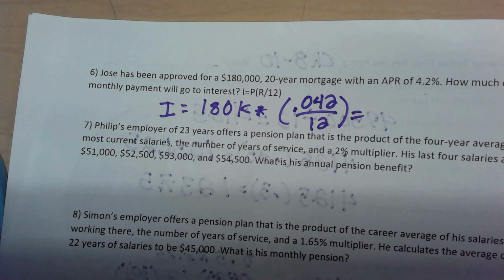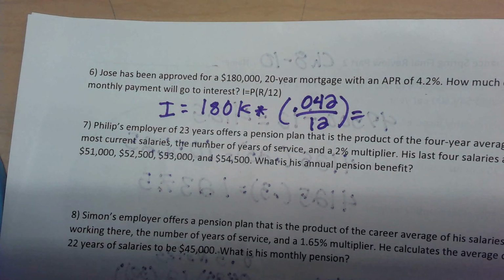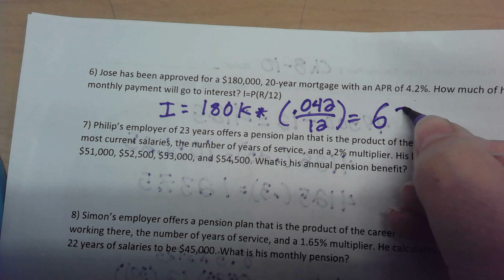And that's how much is going towards interest. So everybody, this is just for the first one. Okay, so I got 630.